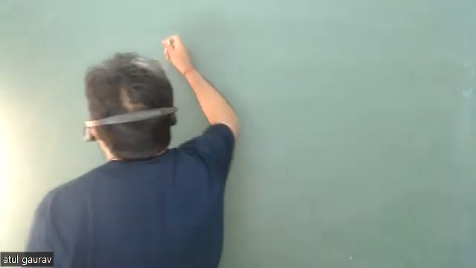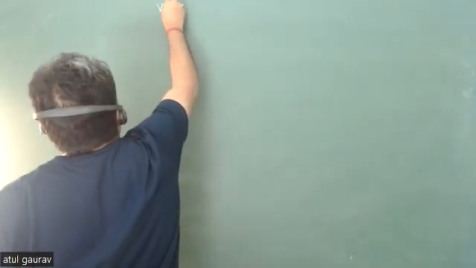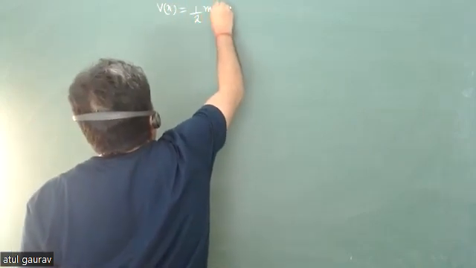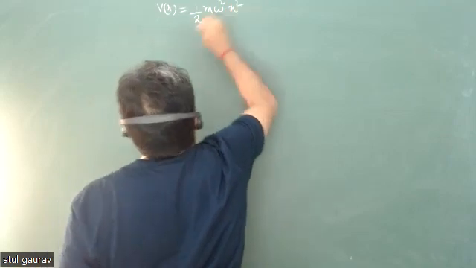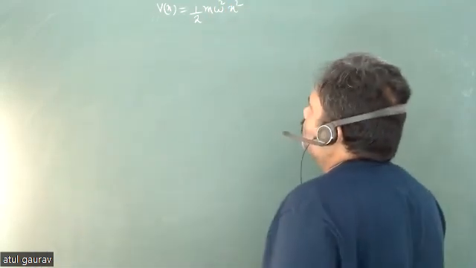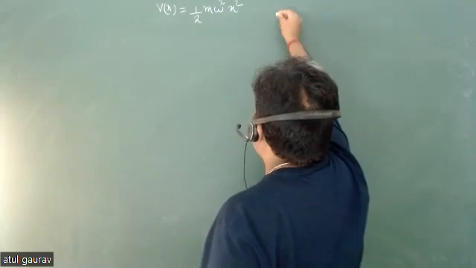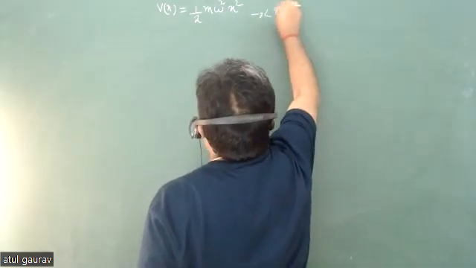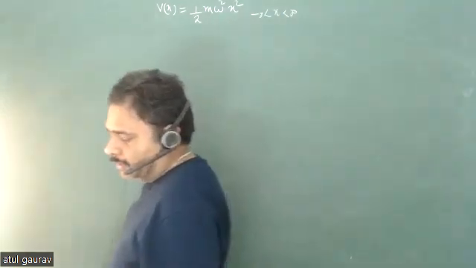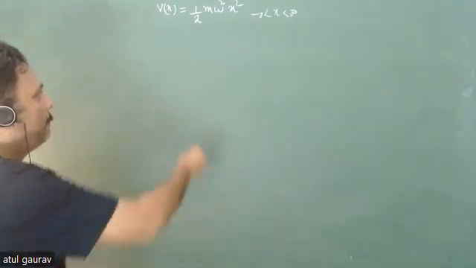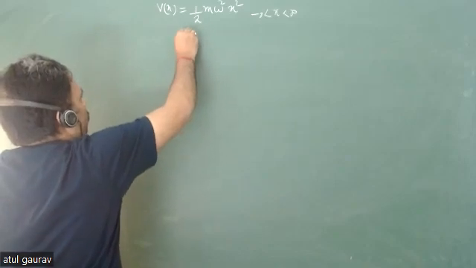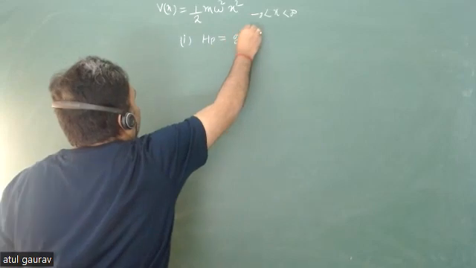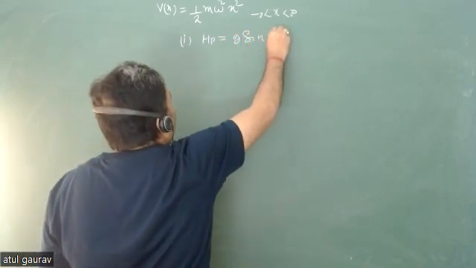So a harmonic oscillator V(x) is given by half m omega square x square. So this is your harmonic oscillator, and obviously x is between minus infinity to plus infinity. And what is your perturbation? First perturbation is given by HP is equal to G sin kx.